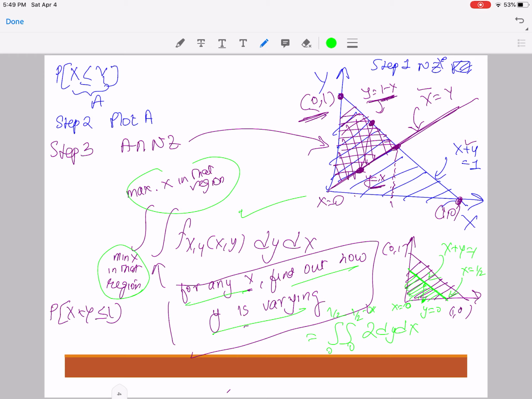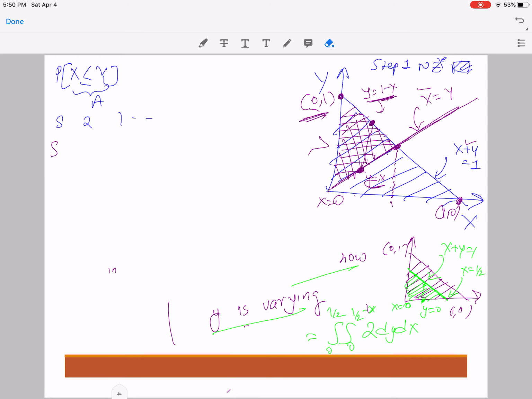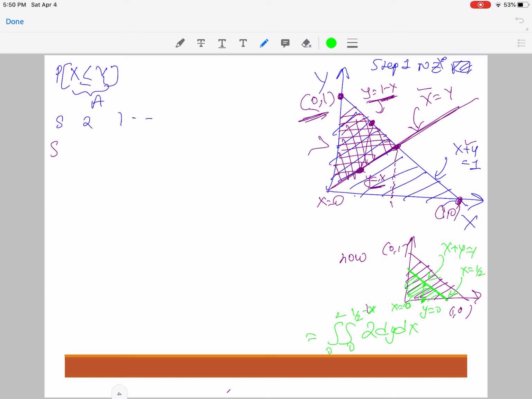Now, if you carefully observe here, in order to find the marginal PDFs, I can also try to generalize how to identify the limits of integration. Let me generalize it for you. To identify the marginal PDFs, let's say f of x, I need to integrate with respect to y.